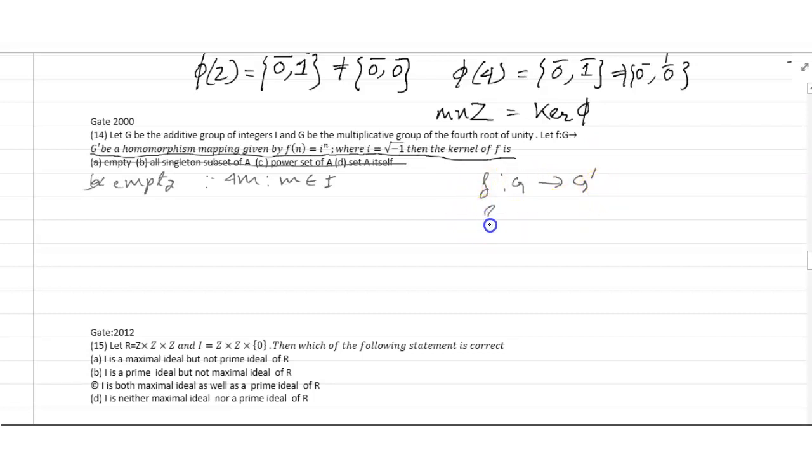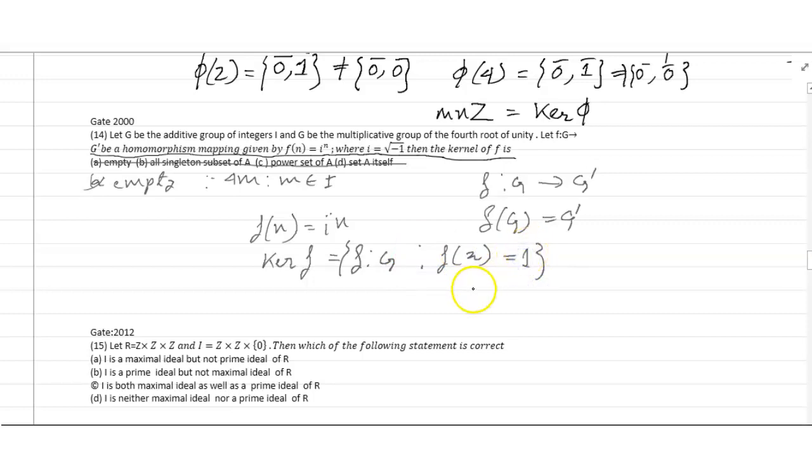The kernel of f is the set of elements in G such that f(x) equals 1, because this is the identity element. So whatever we get, i to the power n equals 1. So it is 4m such that m belongs to the integers. This is my answer.